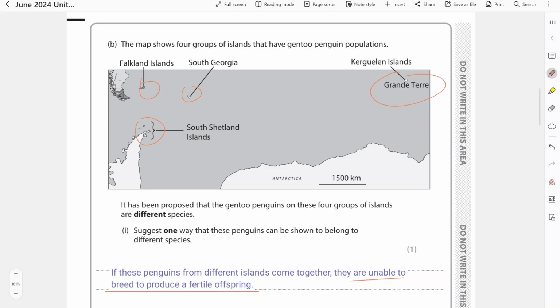And then those that are more likely to survive would pass on their alleles to their offspring. And so different populations would pass on different alleles to their offspring. And so what happens is that they accumulate so many changes that they are unable to interbreed with each other.